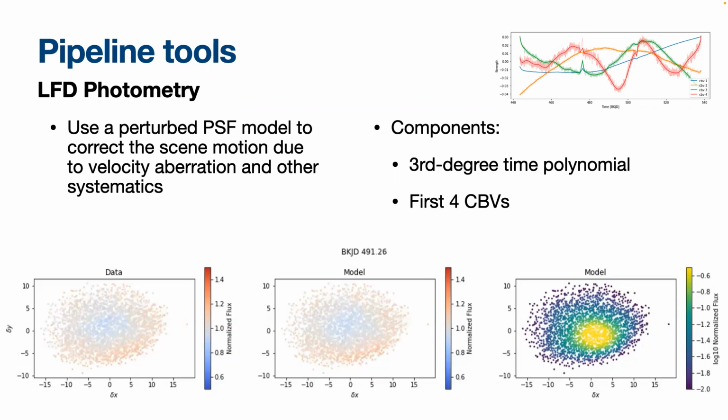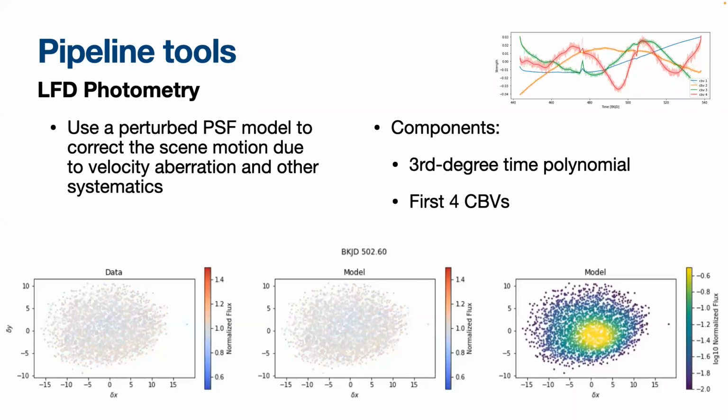Ideally, we would like to do this for every cadence and have a perturbed model for every cadence, but that is computationally very expensive because we have almost 4,500 cadences. These matrices are big. It will take a few hours to do it, and also quite some memory. But we just bin down the data.